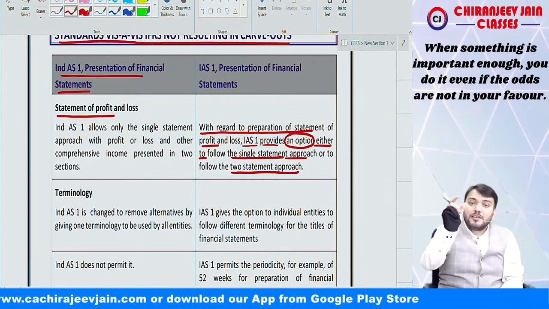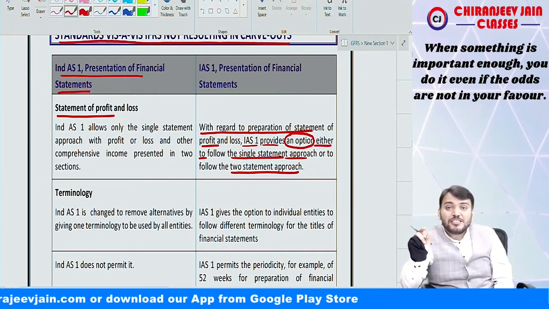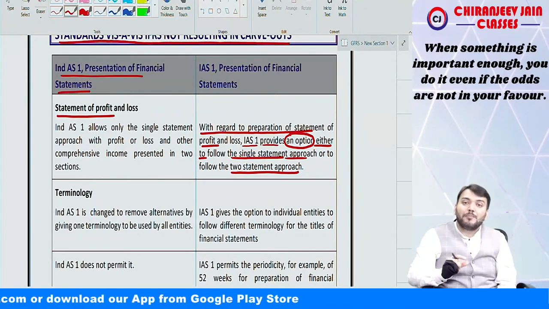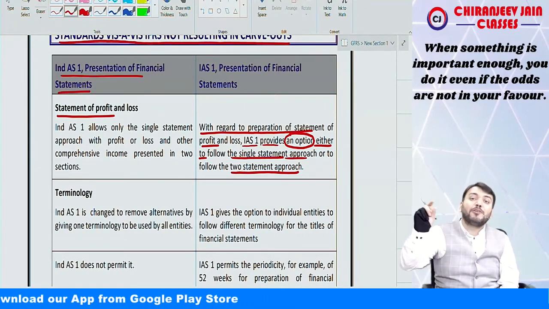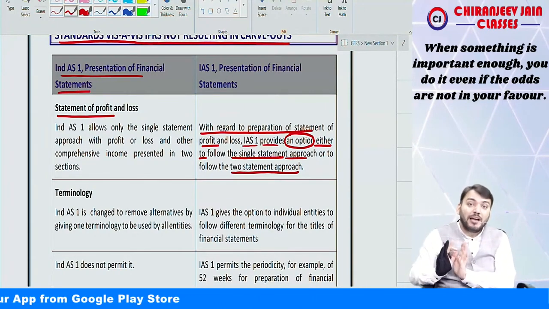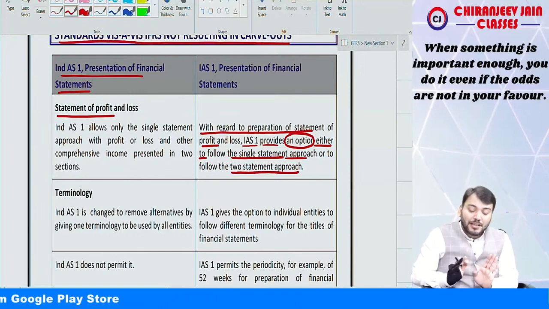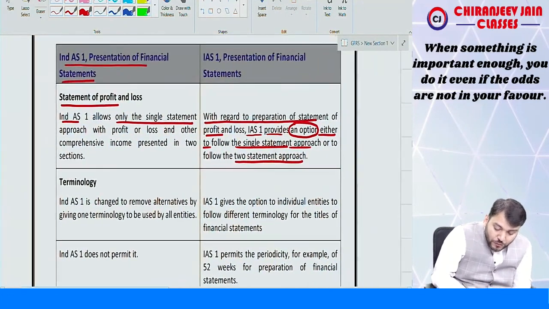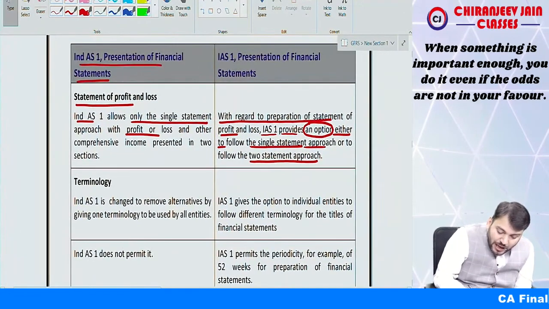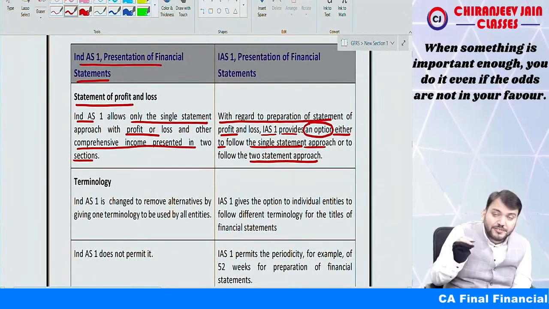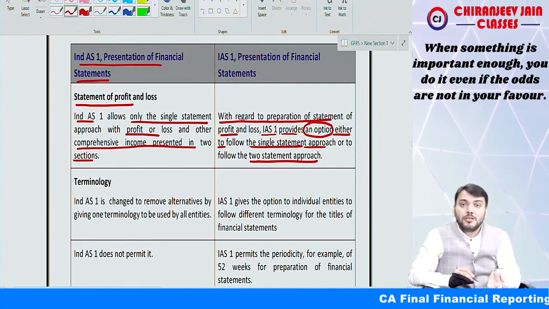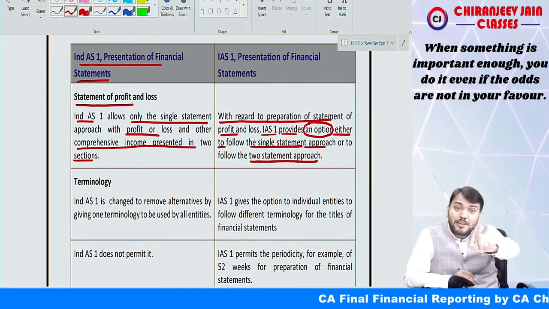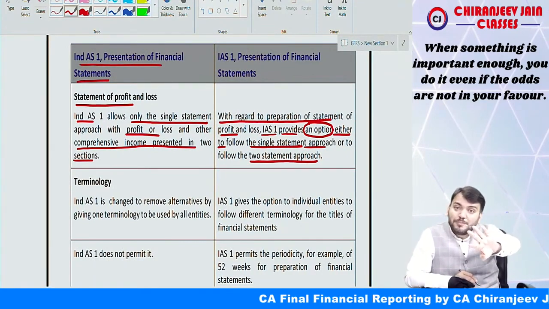Two statement means what? It will be a statement of P&L and a statement of OCI, other comprehensive income, or they can prepare a statement of comprehensive income with two parts, as we do in India. Correct. But Ind AS 1 allows only the single statement approach with profit or loss and OCI presented in two sections. Understood? This only we do. So under IAS 1 an option has been given, either single statement or two statements.